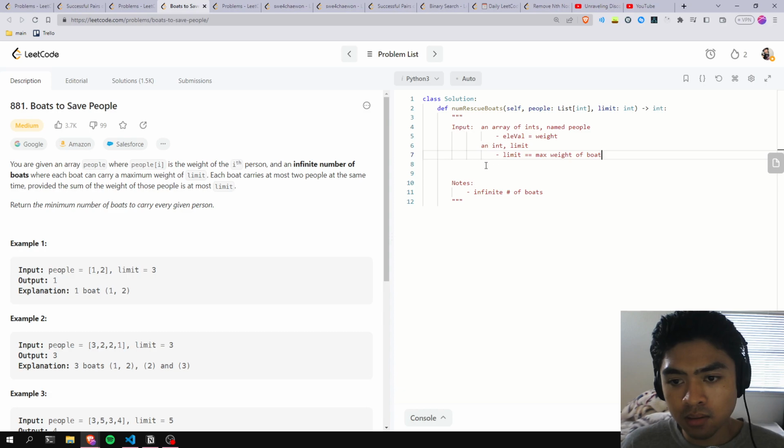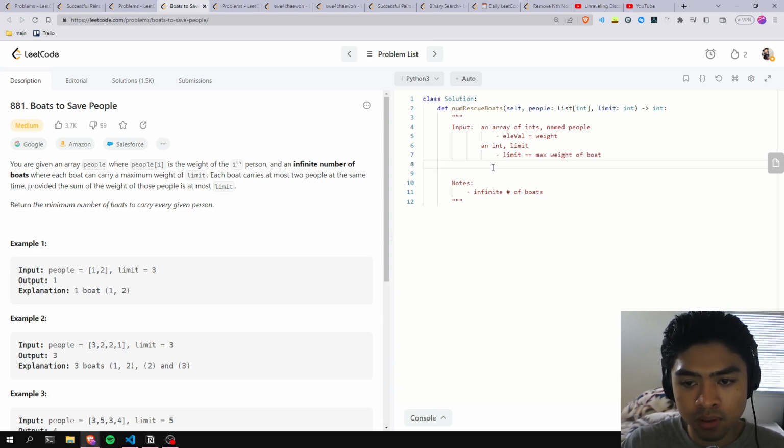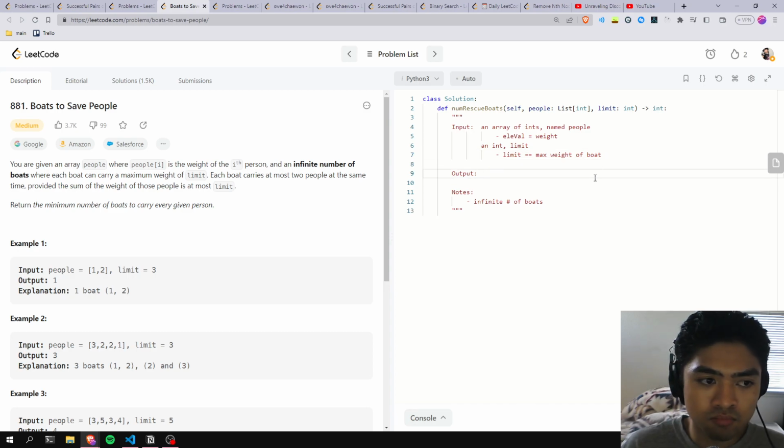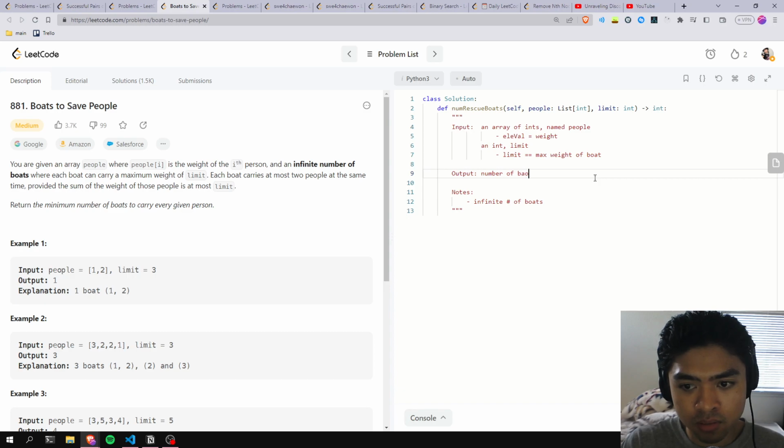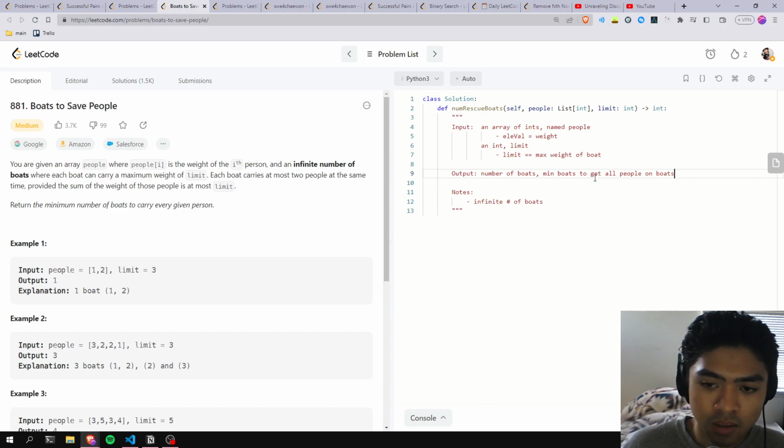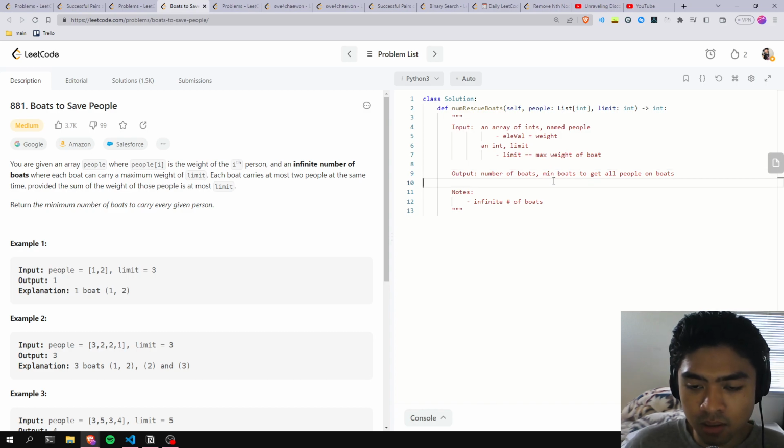Okay, so I kind of understand that. And then our output is just going to be the number of boats, specifically the minimum number of boats to get all people on boats. So that makes sense.